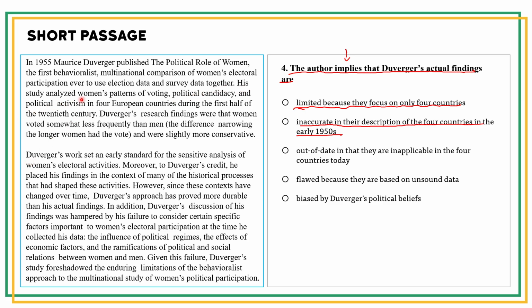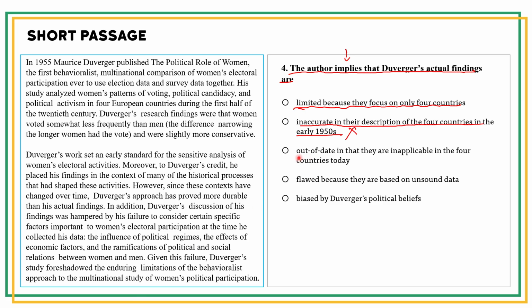His study analyzed women's patterns of voting, political candidacy, and political activism, and it was the first ever to use election data and survey data together. So were they inaccurate for the 1950s? Nah. Especially since it says, however, these contexts have changed over time. Duverger's approach has proved more durable than his actual findings. So yeah, findings are now obsolete. That's an implication that they weren't back then. They were good. So this clearly goes out.